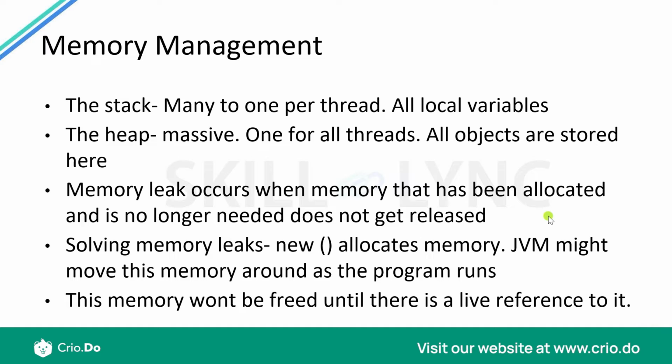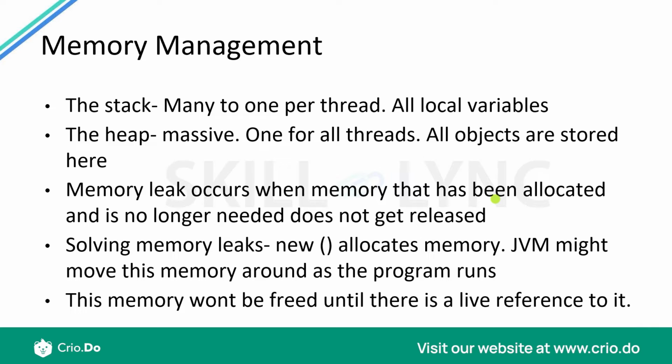So we really need to solve such memory leak problems, which is not allowing our program to release any unused memory. Now for that, we really need to understand that the new keyword is going to allocate memory, and the JVM might move this memory around as the program runs. So it's not a particular place which the object might be allocated, but it would be allocated some memory anywhere in the heap.